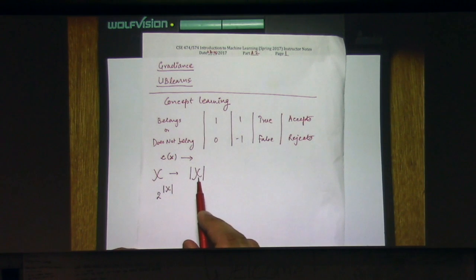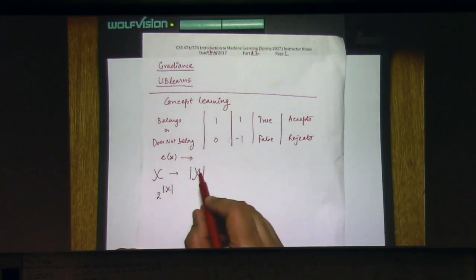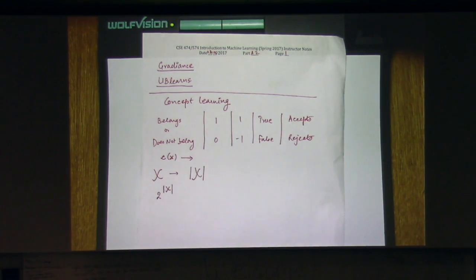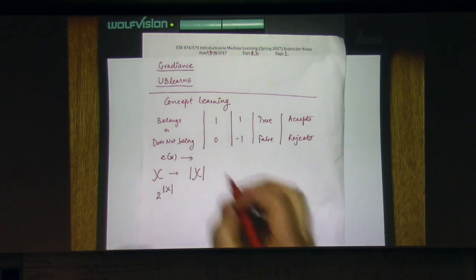Then we said, what if we assume that our X is nothing but D attributes, or D features?